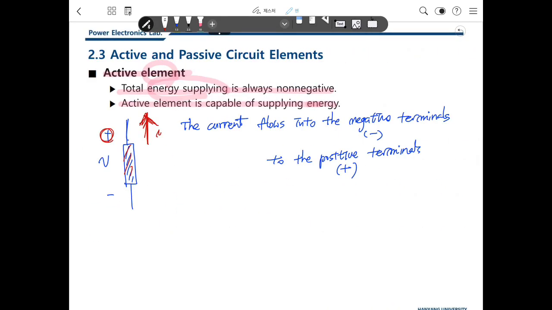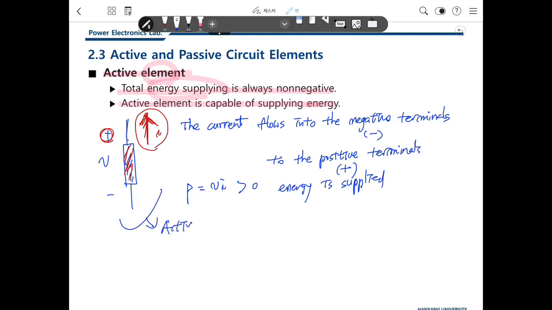In this case, the power P is VI. The power is positive. That means the energy is supplied. So in this direction, when you define the current as going out of the device, in this expression we say active convention.